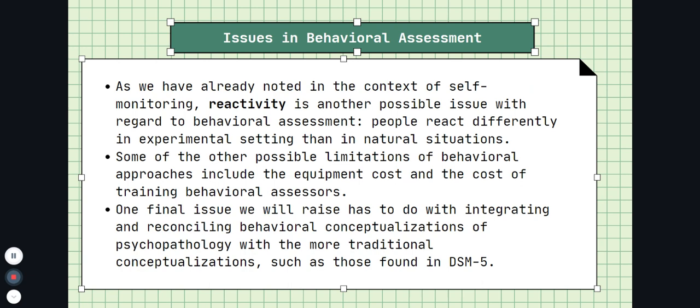As I said, it is very costly because we might need a lot of cameras for recording, and we also need to train those assessors very well, since they need to have the ability to observe in various situations.